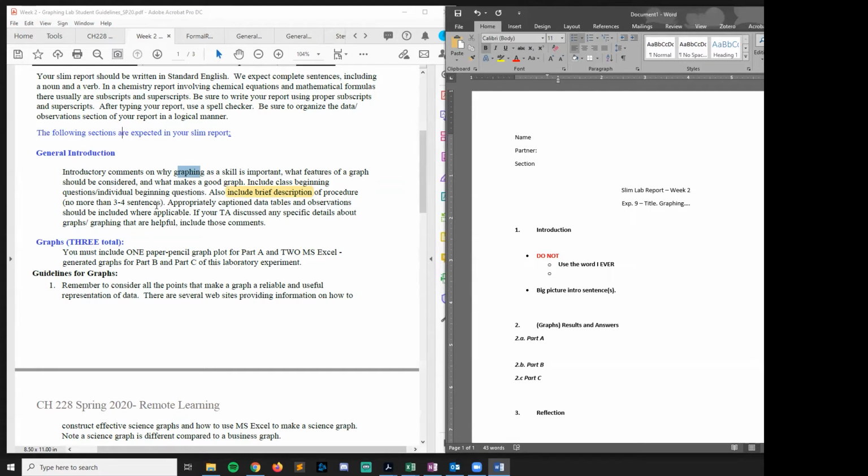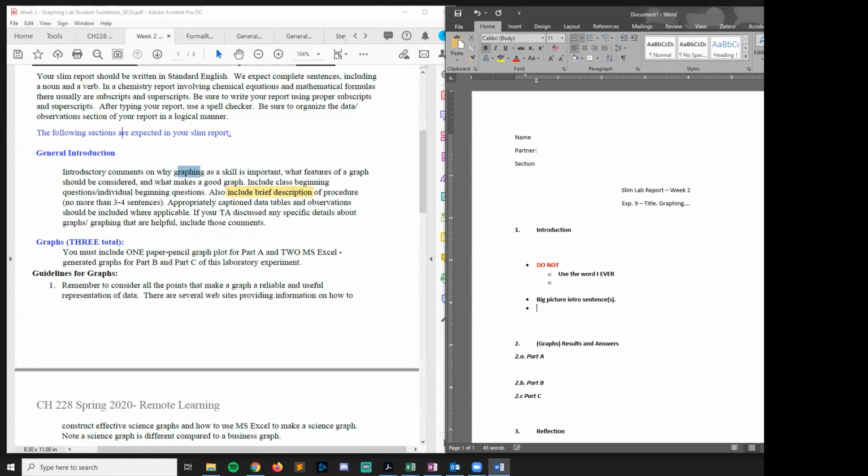So that big picture intro sentence says the rest of this paper is going to focus on graphing and the importance of extrapolation, interpolation, all the things we talked about. But address it from the standpoint of you, my reader: why are you reading this? Well, the reason you're reading this is because all scientists have to use graphical or tabular representations of their data to communicate science. So it's okay to say something like that, right?